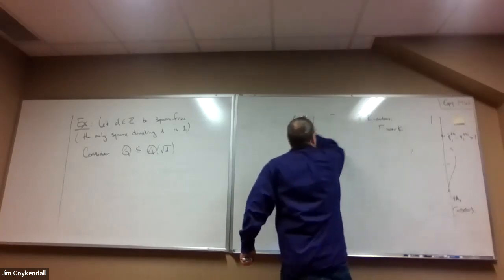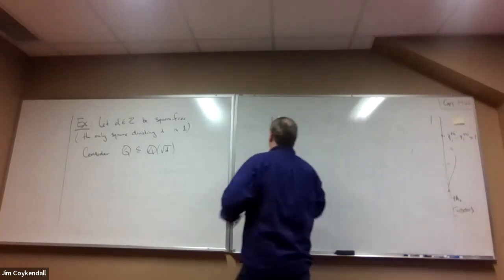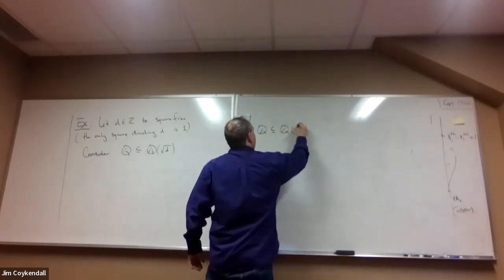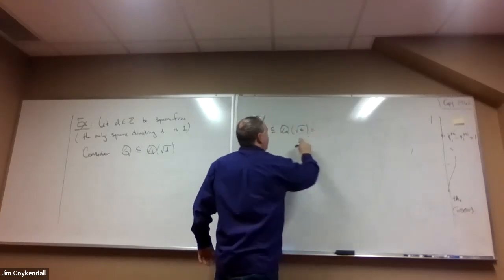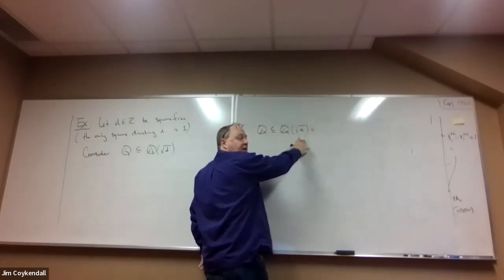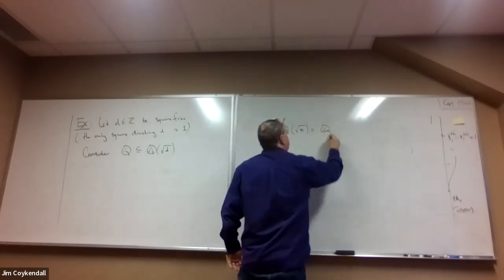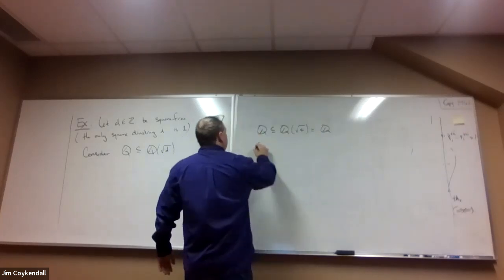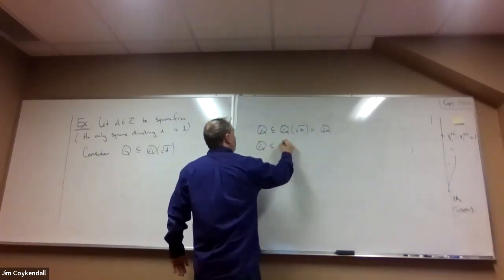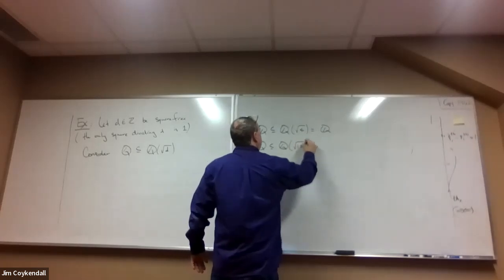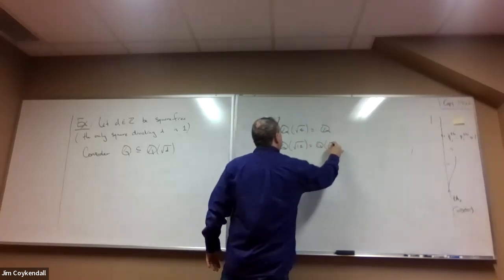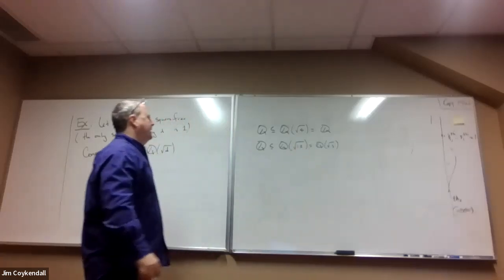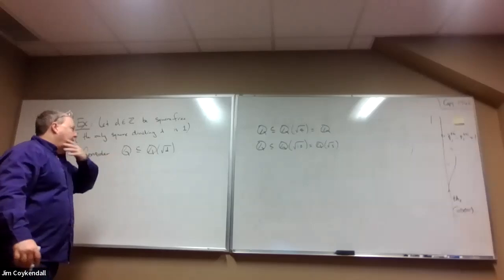So let me scribble it over here. If we had something like Q inside Q square root of 4, well, what's the smallest field containing Q and the square root of 4? Well, it's just Q, because that's just 2. And I want this to be something non-trivial. And of course, even if you had something like Q radical 12, because this is just 2 times radical 3, right? So this is just a technicality here.